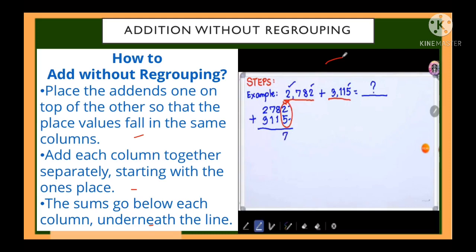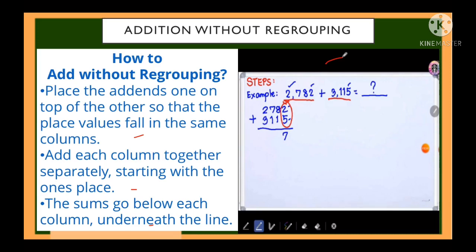Alright? And then, of course, after the ones place, we will now move on to the tens place. Our tens place is 8 plus 1. So 8 plus 1 is 9.